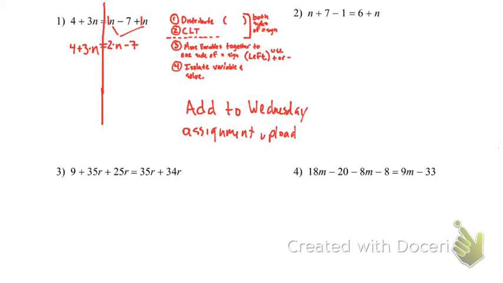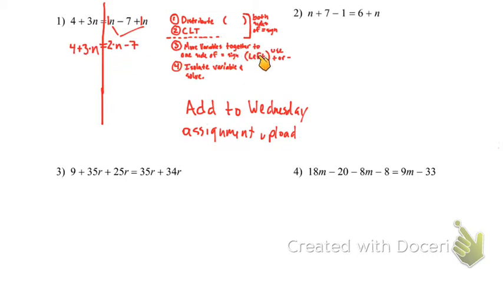Cool. Now, steps 1 and 2 are done. We jump to step 3. I have to check, do I have variables on different sides of the equal sign? And I do. I have an n on the right side and I have an n on the left side. We got to get them together. So what I recommend we do is we want to move them to the left. So anything on the right side that has a variable, let's move it to the left.